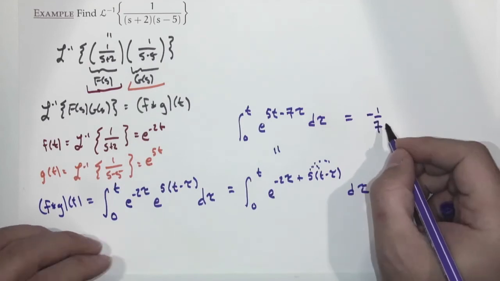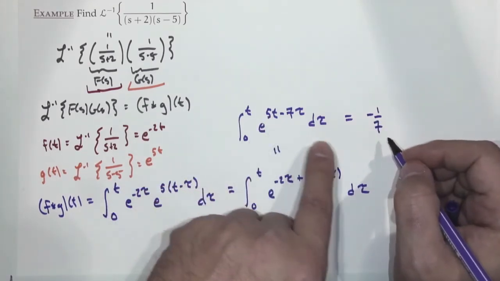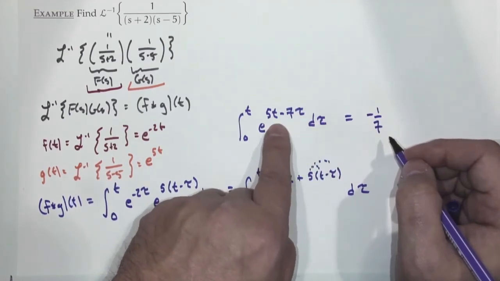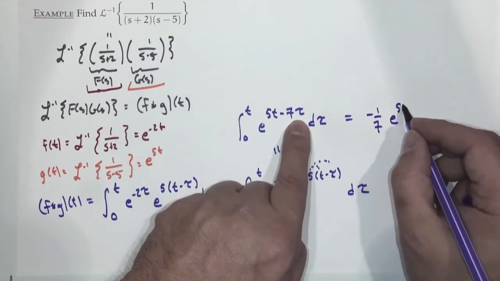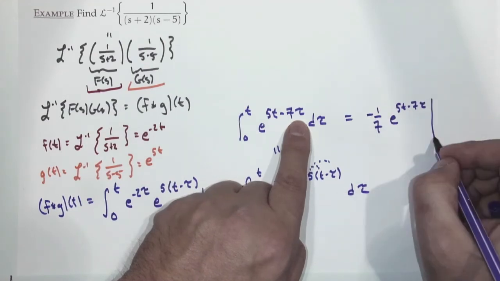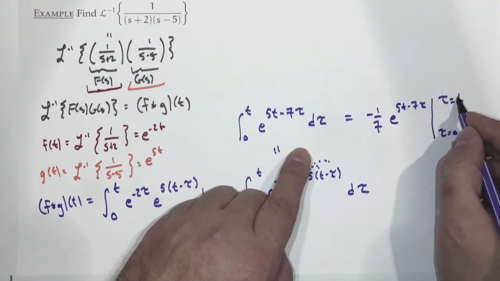Okay, if we can integrate it, what's the antiderivative of this? Negative 1/7. Now, why is it negative 1/7 and not 1/5? Yeah, got to keep track of what you're integrating with respect to. So t is a constant here. We're integrating with respect to tau. So we have e to the 5t minus 7 tau. And then we're going to evaluate from tau equals 0 to tau equals t.